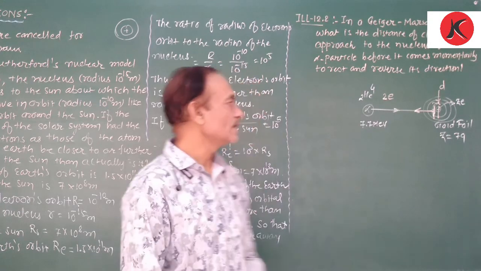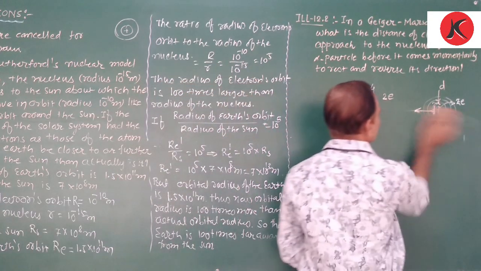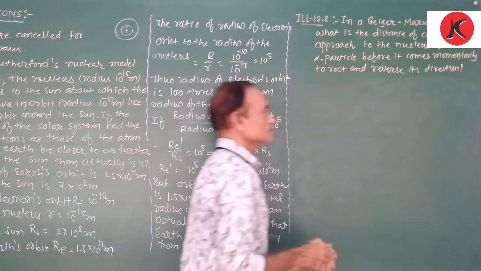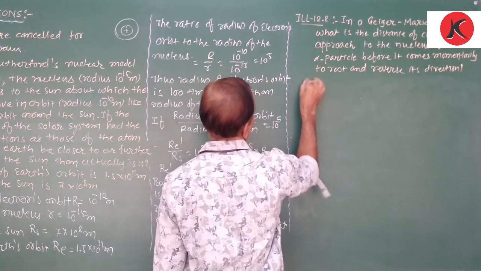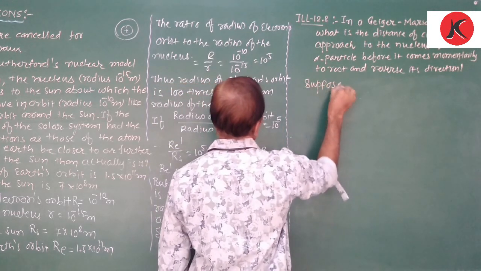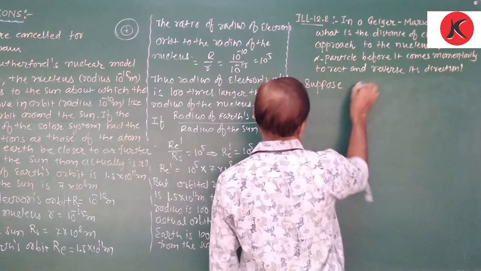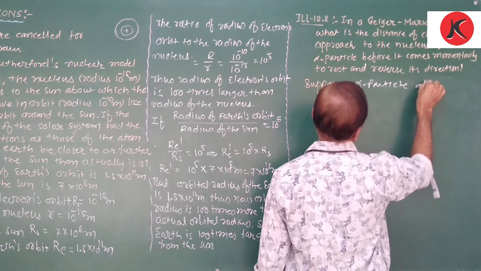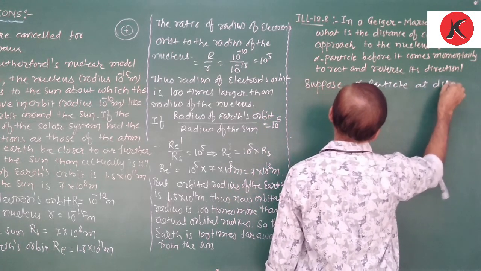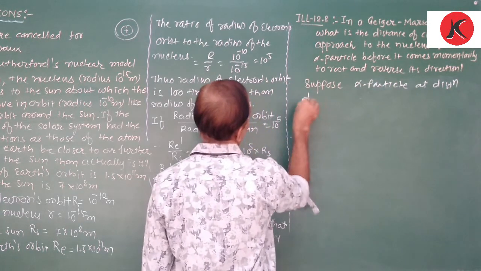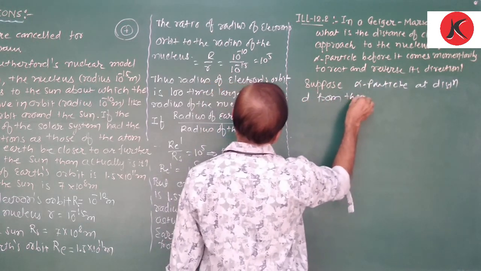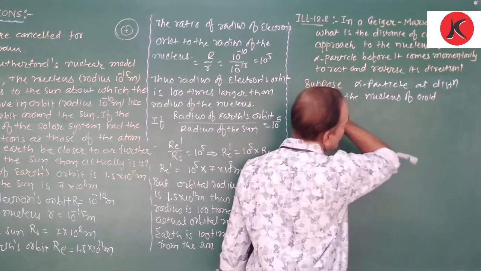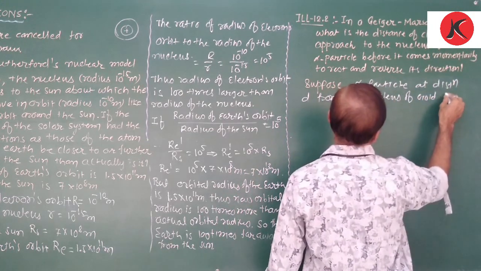Clear? Okay. Now, for that purpose, we assume that the alpha particle at distance d from the nucleus of the gold comes to rest.